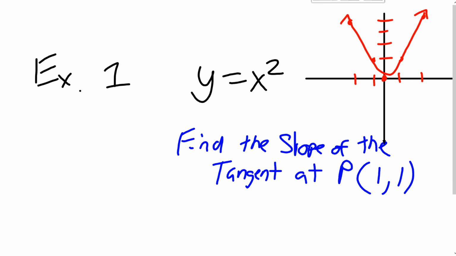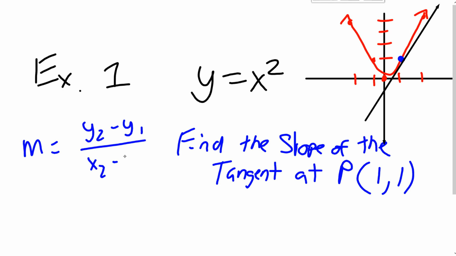I want to know the slope of the tangent line at this point, and my line is only going to touch it once. The formula for slope is y2 minus y1 over x2 minus x1. So I need two y values and two x values. Well, I'm only given one point.